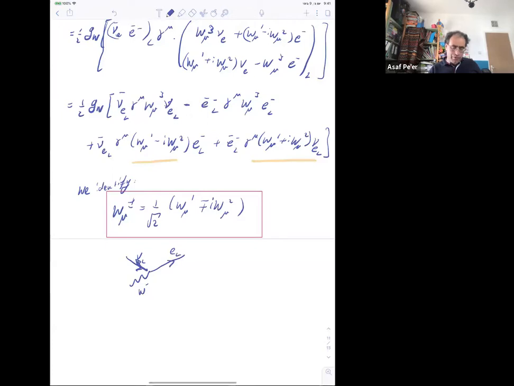Or you can think of the neutrino as something that destroys the neutrino, W is something that destroys the W, and the E bar is something that creates the electron. All right.